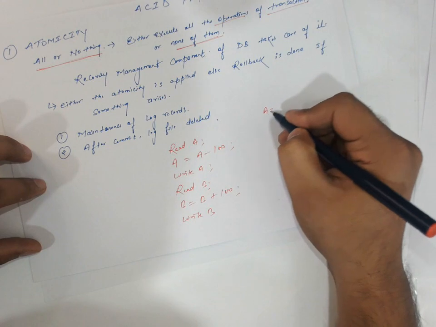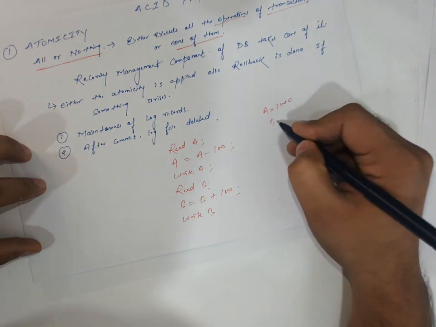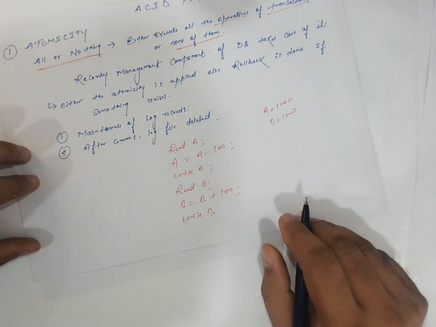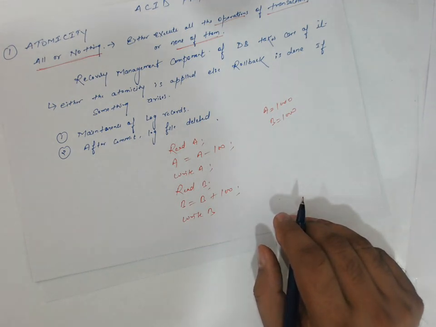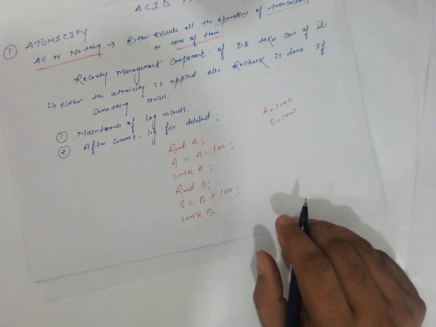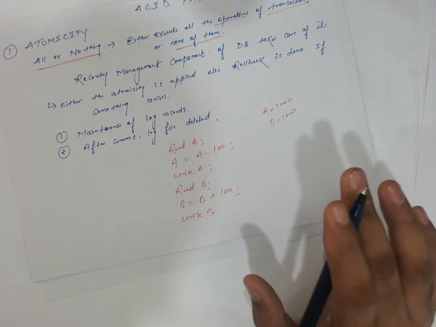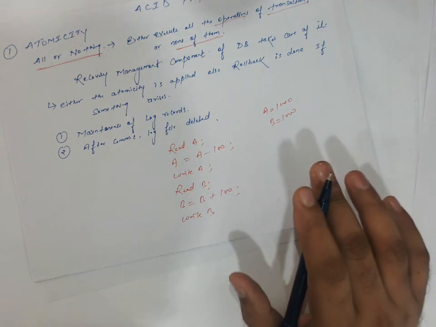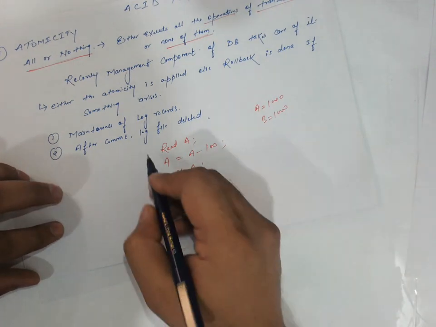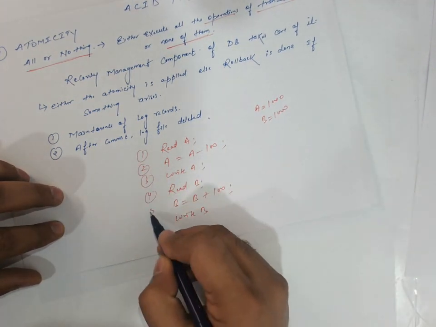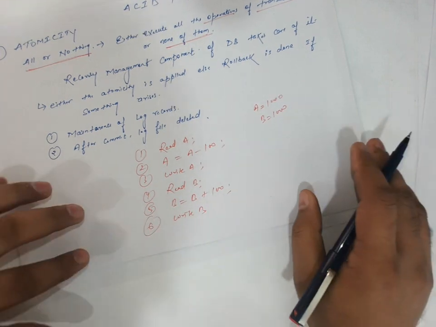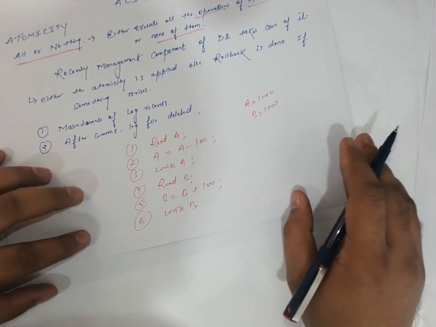Then we start a transaction to transfer 100 from account A to B. This transaction has 6 instructions in total.